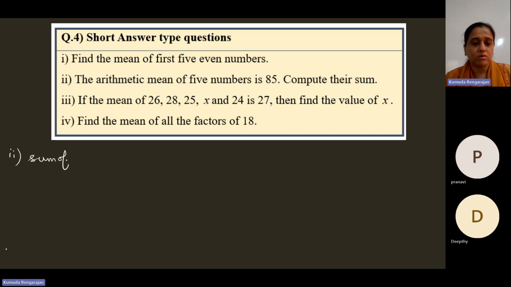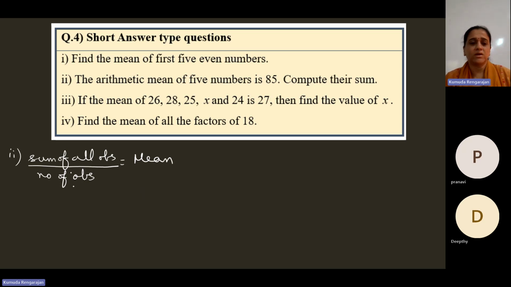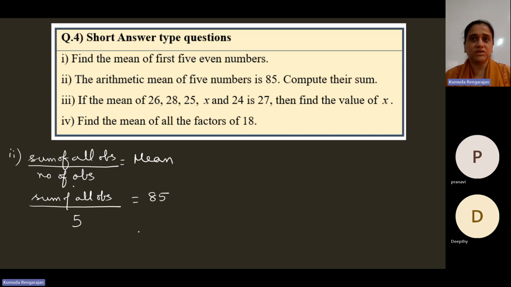Sum of all observations divided by number of observations is equal to mean. Correct? I'm just writing it the other way. So sum of all observations divided by how many observations? 5 is equal to what's the mean? 85.